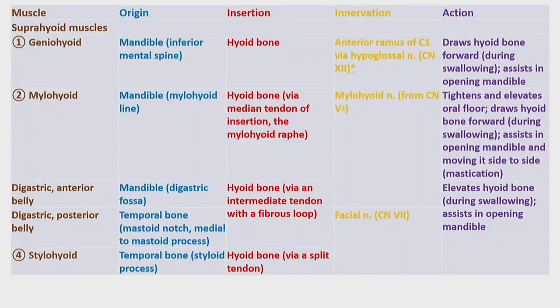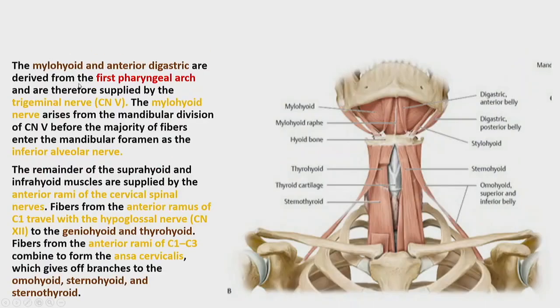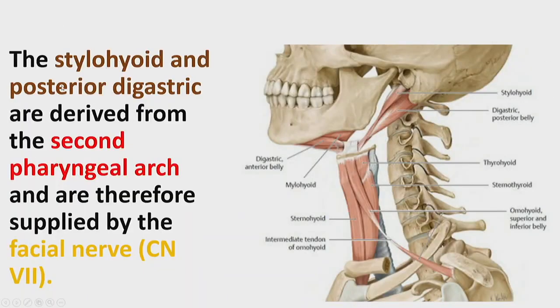The innervation of them is very important, be careful. The stylohyoid muscle and posterior belly of the digastric, because of embryonic development from the second pharyngeal arch, are innervated by the facial nerve, extremely important.